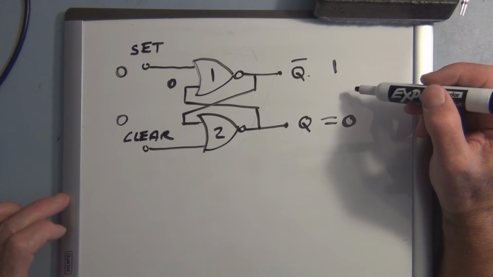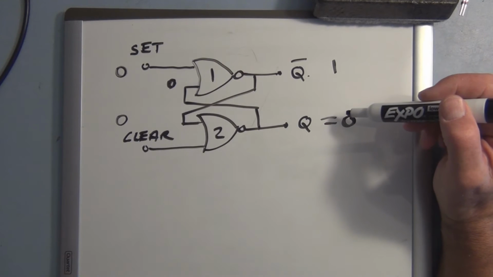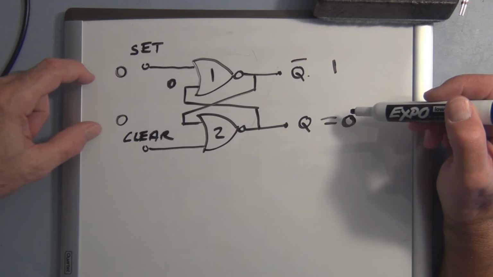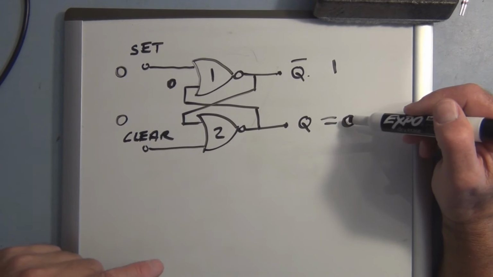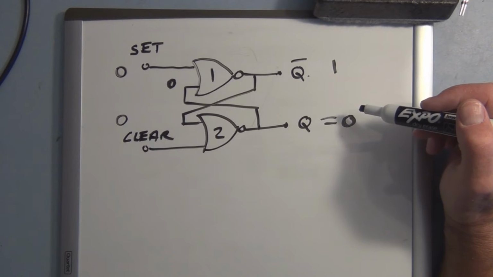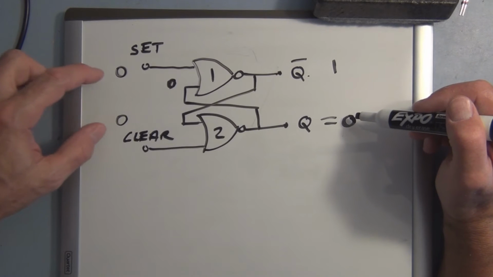What this is showing is that Q will be whatever has happened in the past. So if you put two zeros on the set and the clear, if in the past it was a 1, Q was a 1. If in the past it was a 0, Q was a 0. So no change.